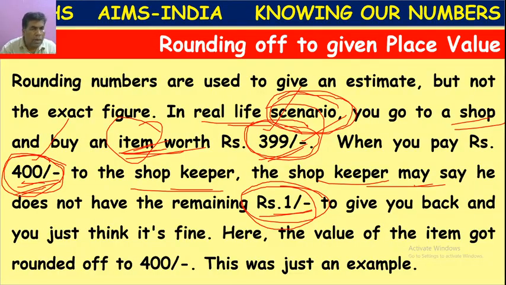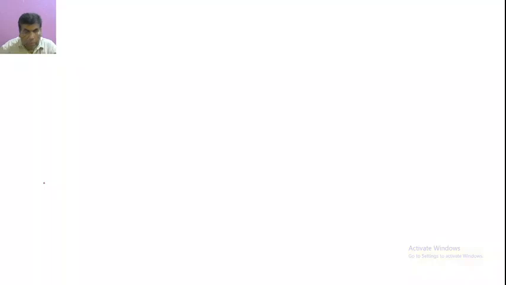Because there is no change, you are rounding off 399 to 400 rupees, and the item cost became 400 rupees. In this kind of case, we will come across the rounding off concept. Okay, let's see the example.